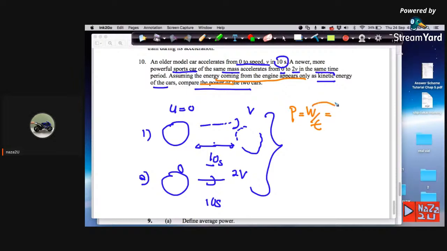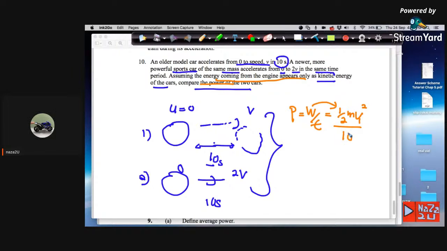So we have the work equal to kinetic energy, half, and let's say this is the first car, mv1 square, and divided by the time, which is 10 seconds.